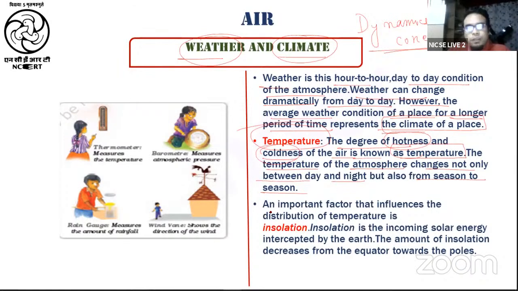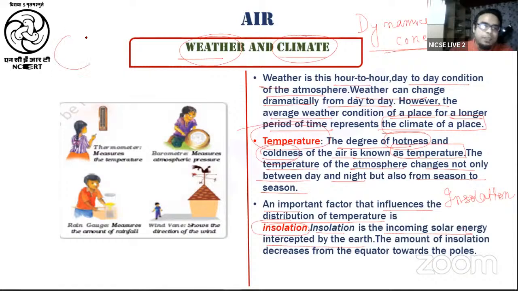Then what do we have? Then we have your very important concept, which is called your insolation, right? An important factor that influences the distribution of the temperature is called insolation. So now here we have to understand what is insolation. Fine. Insolation is the incoming solar energy which is intercepted by the earth.